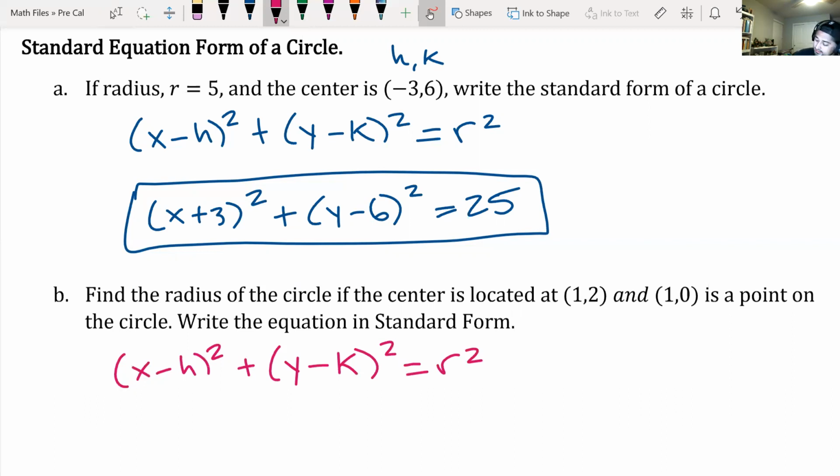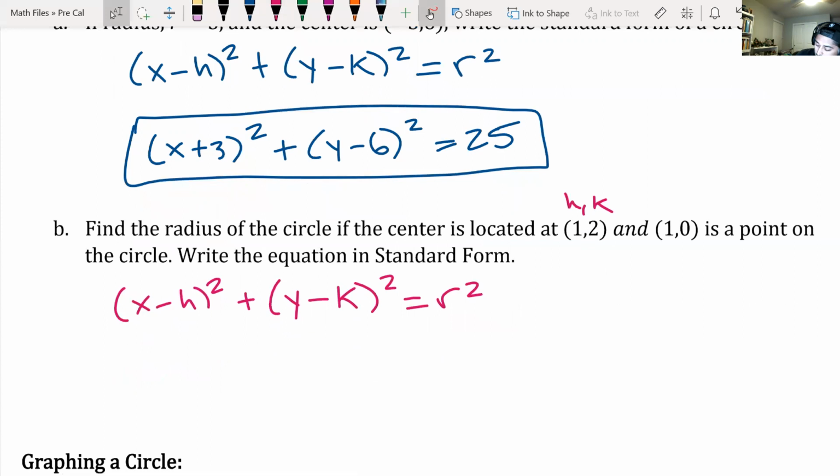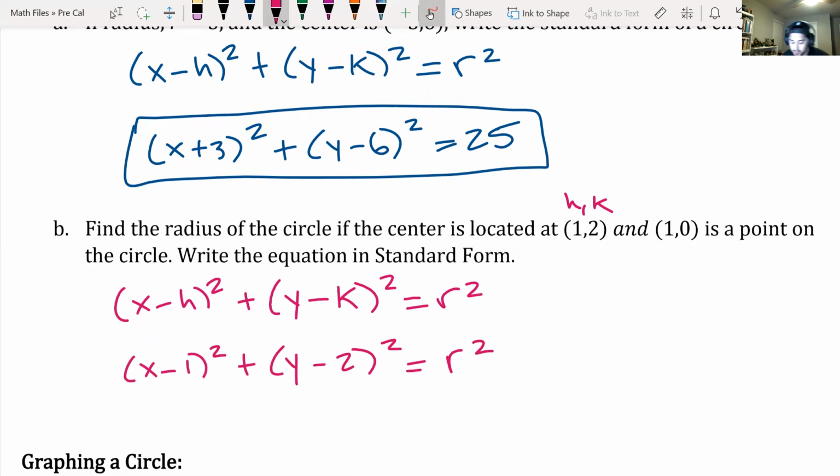So they are giving us the center. So (1, 2) is our (h, k), which means I'll plug those in for h and k, which will give me (x minus 1) squared plus (y minus 2) squared equal to, what they haven't given us is r squared.